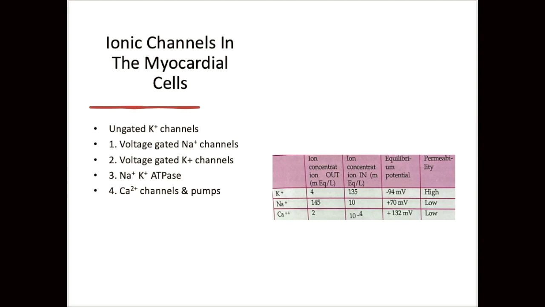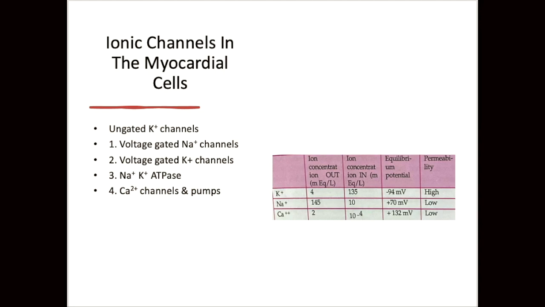Right, so let's look at these membrane channels. The first one is the ungated potassium channels. These channels are always open, and unless the membrane potential reaches the potassium equilibrium potential, a potassium efflux continues through these channels.